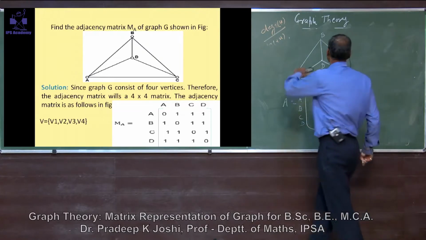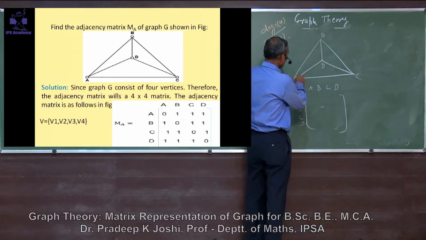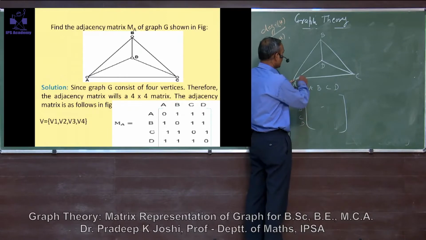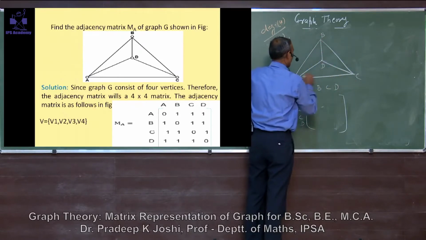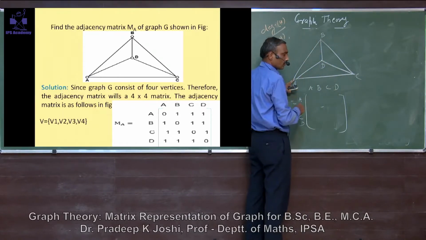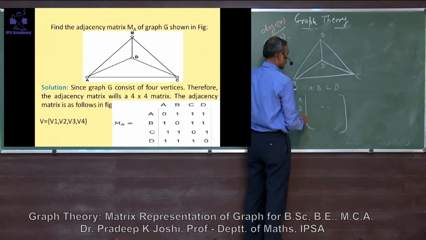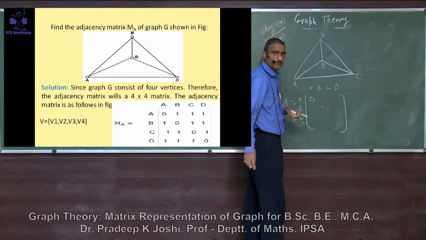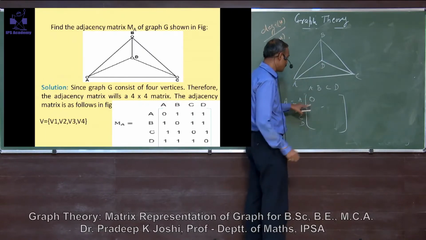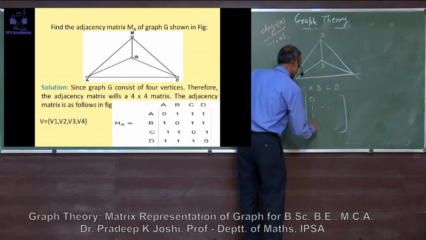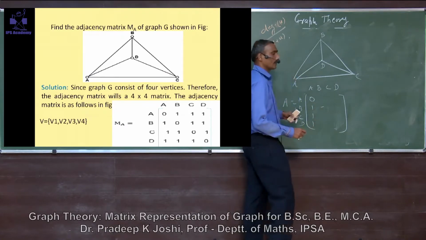From A, there are edges to all 3 other vertices: A to B, A to C, and A to D. There is no self loop, so A to A is 0, A to B is 1, A to C is 1, and A to D is 1.